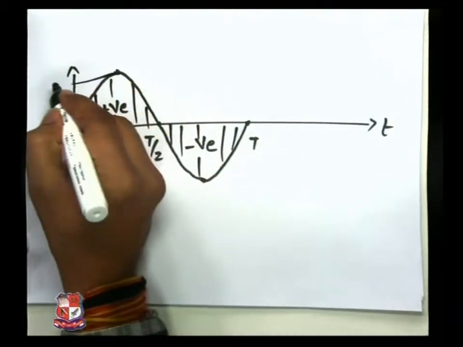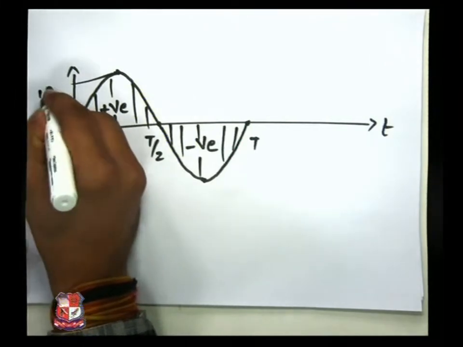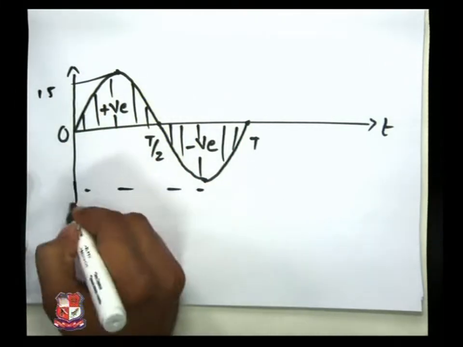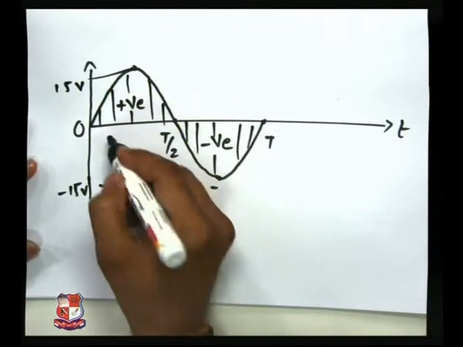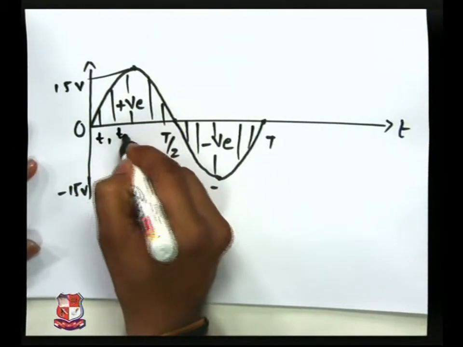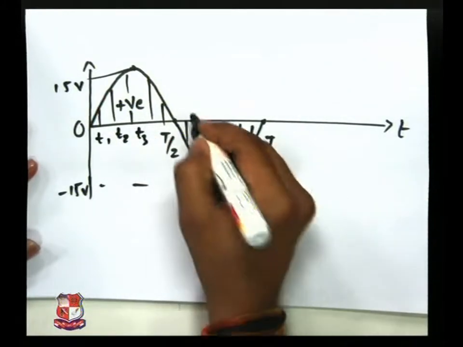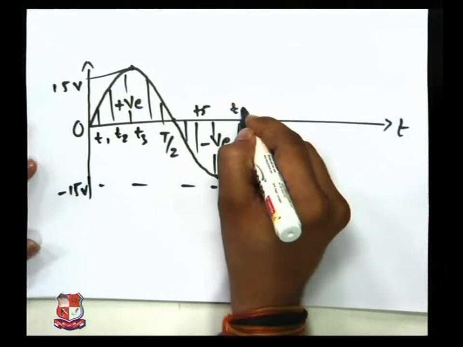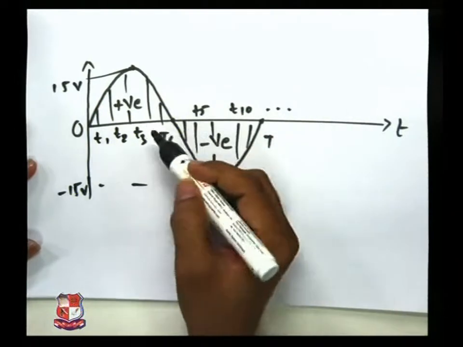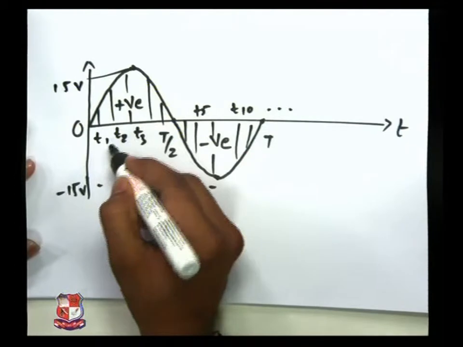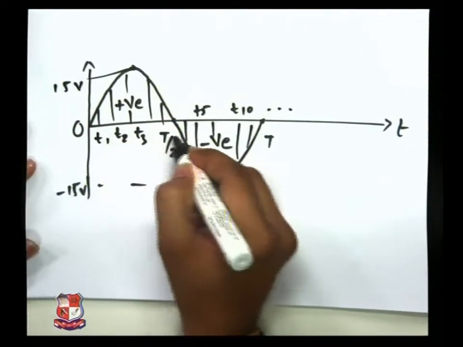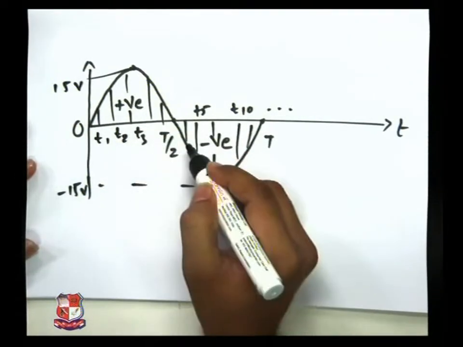The value of the signal is, for example, 15 to minus 15 volts. So here there are many instants: T1, T2, T3, T5, T10, etc. This is a very complex thing, and it is very difficult to find out the value at the different instants in an AC signal.